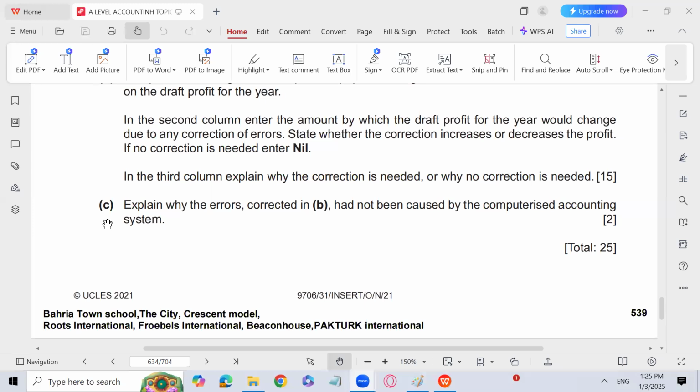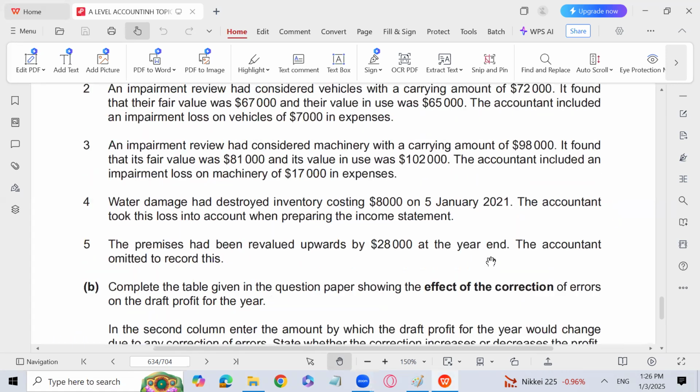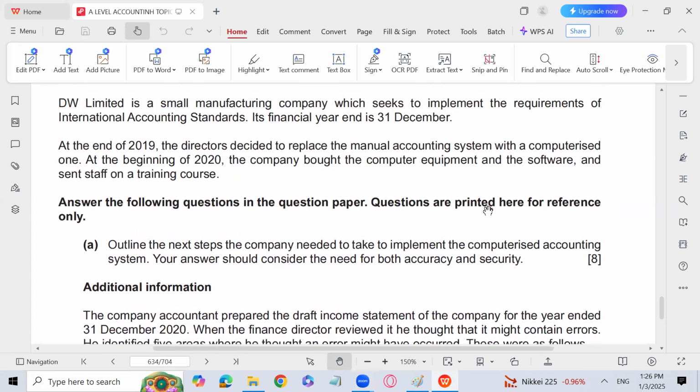Then viruses can be introduced. There should be a firewall and other things which matter. Security threats will always be there. So these kinds of things we have to manage. So next, that's the first question.